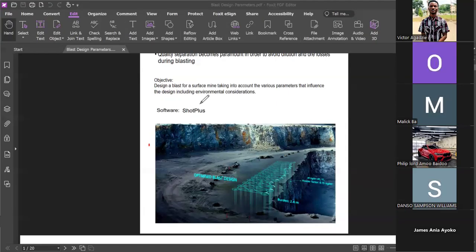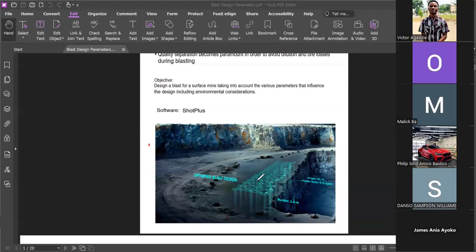So the objective of this course is to design a blast for a surface mine, taking into account the various parameters that influence the design, including the environmental consideration. During tie-up and blast design, they consider the parameters which we'll be talking about today, and also the environmental impact.